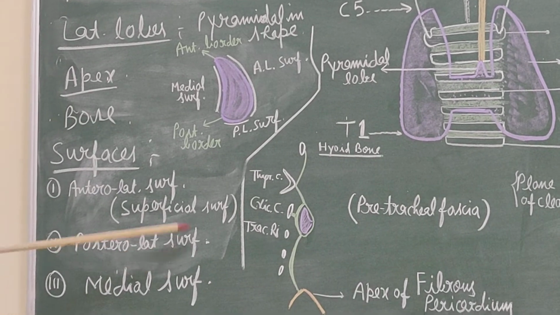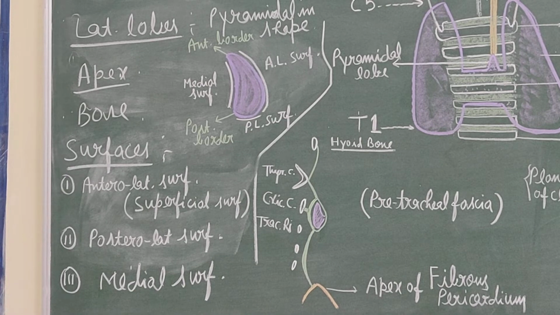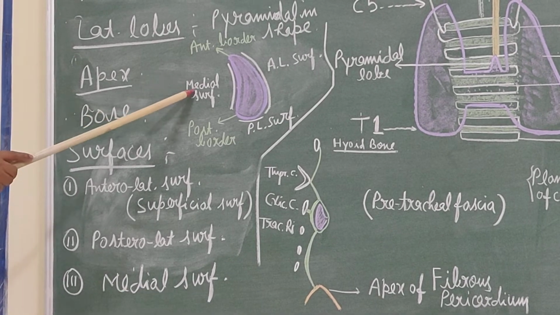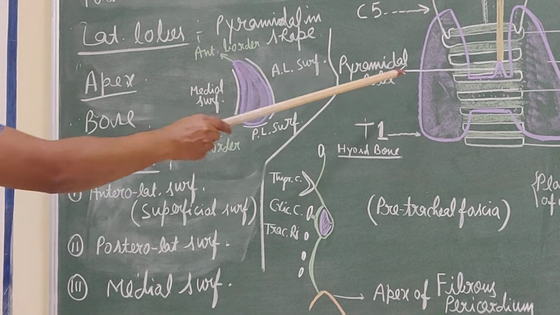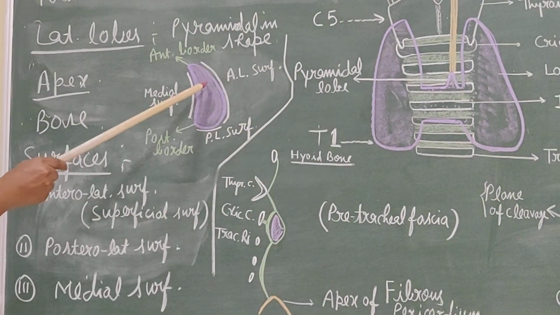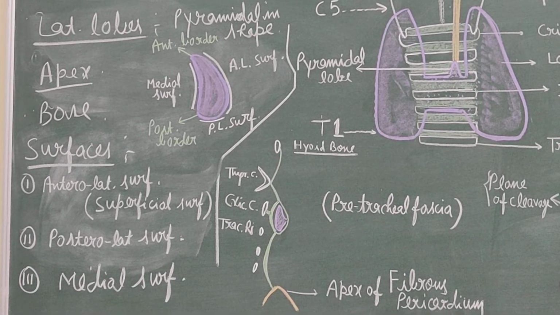Then the posterolateral surface, and the medial surface. So each lateral lobe has three surfaces: anterolateral, posterolateral and medial.